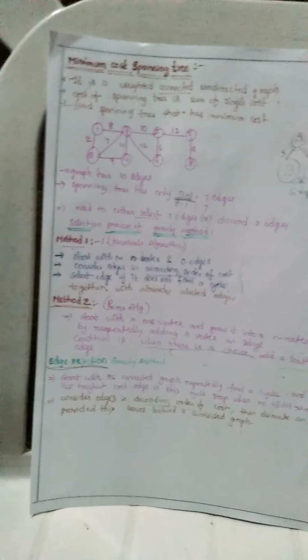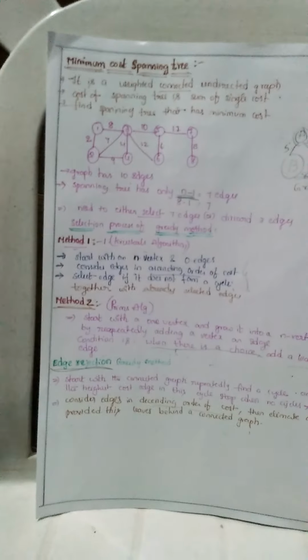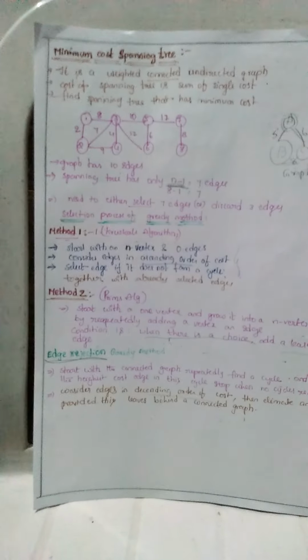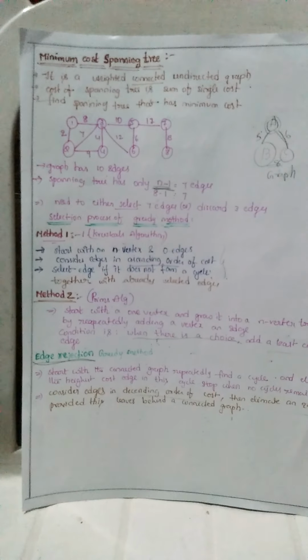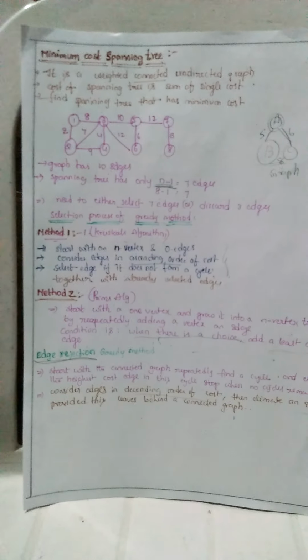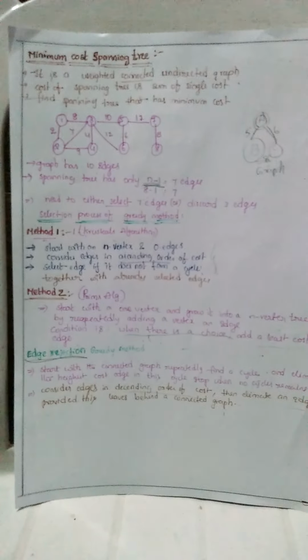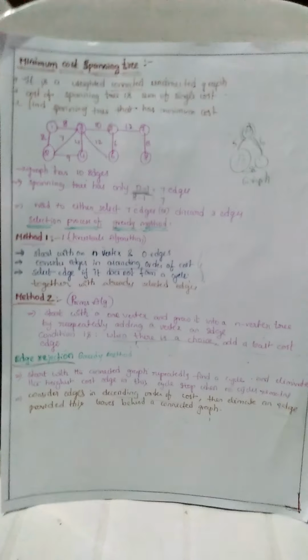So the first rule eliminates the highest cost edges, and the second eliminates edges in descending order while leaving a connected graph.